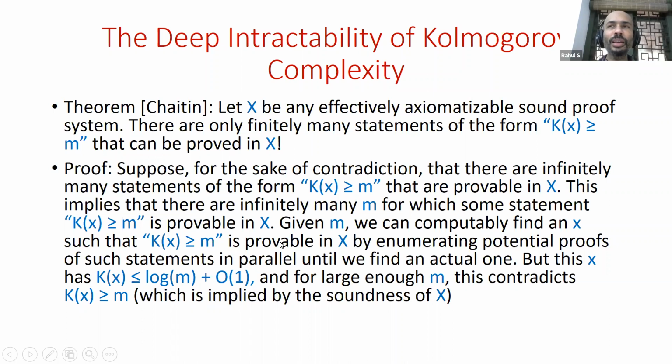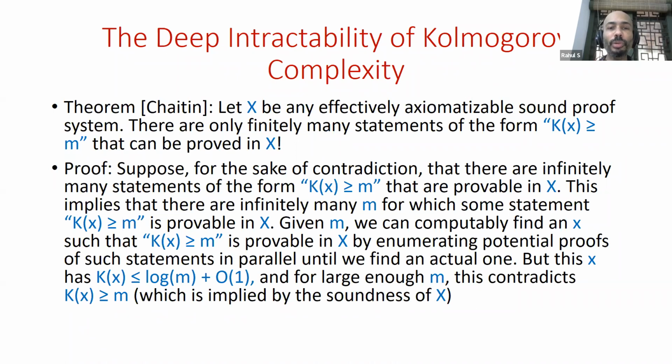For all possible x's in parallel, we try longer and longer potential proofs until we find a proof of a correct statement of the form K(x) greater than m. Since the system is effectively axiomatizable, there is a Turing machine that can check whether a proof is correct or not.